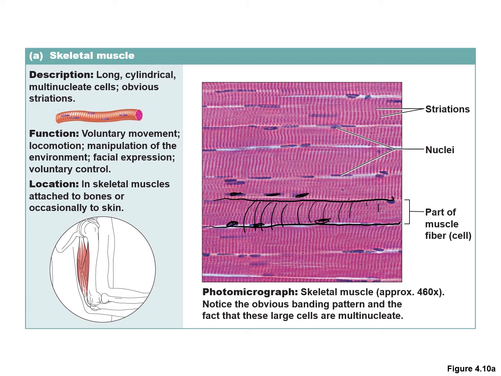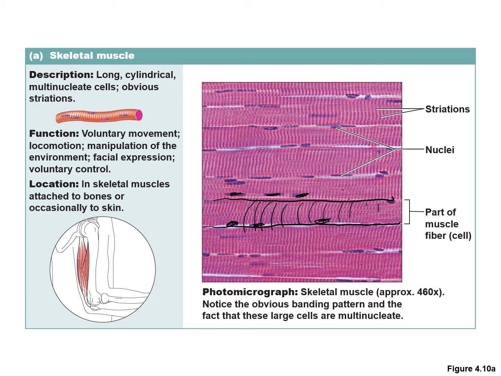The function is voluntary movement of your body for locomotion and also your facial expression. And because it's voluntary movement, you can control it. As for location, skeletal muscle attaches to bones and occasionally attaches to your skin when we're talking about muscles of facial expression, right?